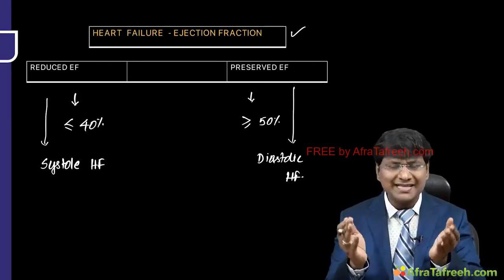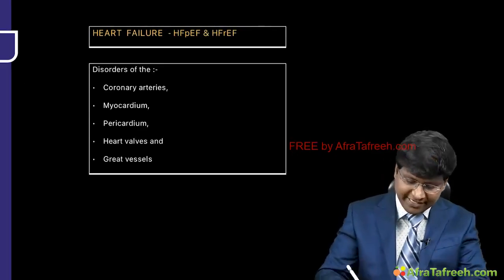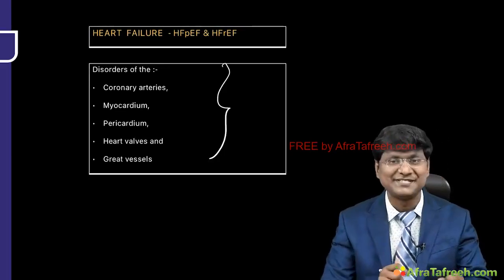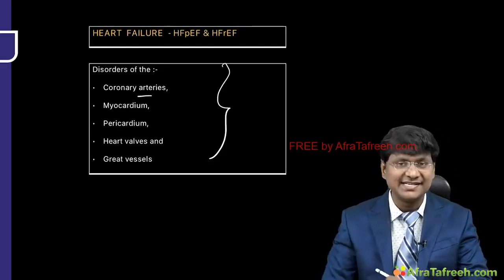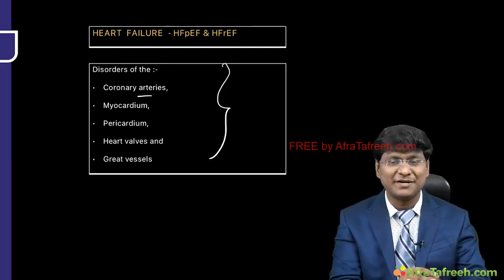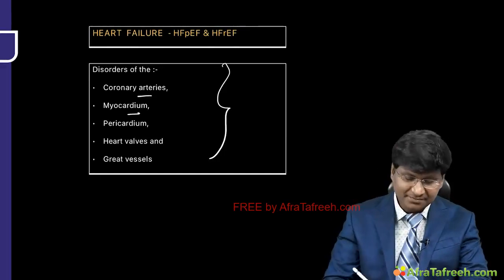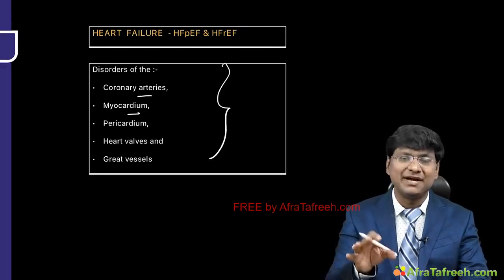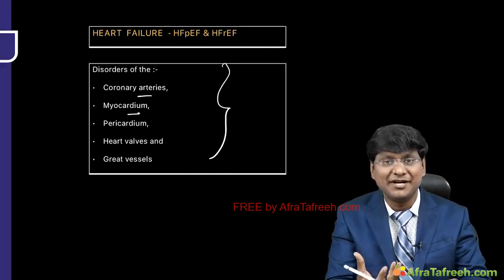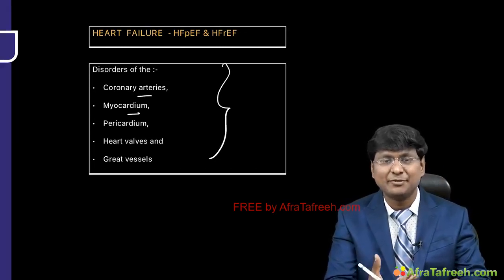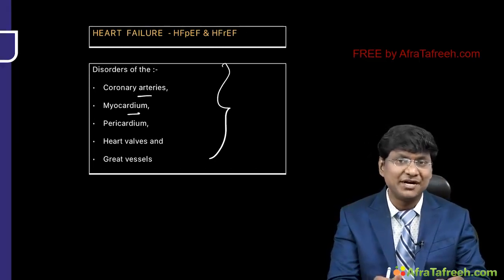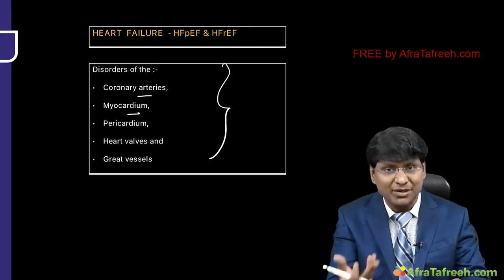Now, all these etiologies of heart failure fall into these categories. That is coronary artery disease, where there will be decreased perfusion to the myocardium. Then diseases within the myocardium itself, that is cardiomyopathies: dilated, hypertrophic, restrictive cardiomyopathy, or myocarditis, like viral myocarditis.